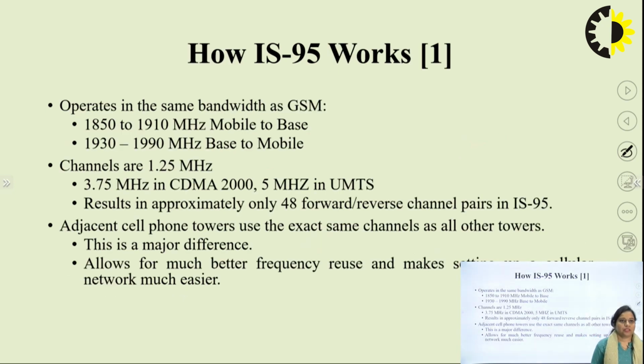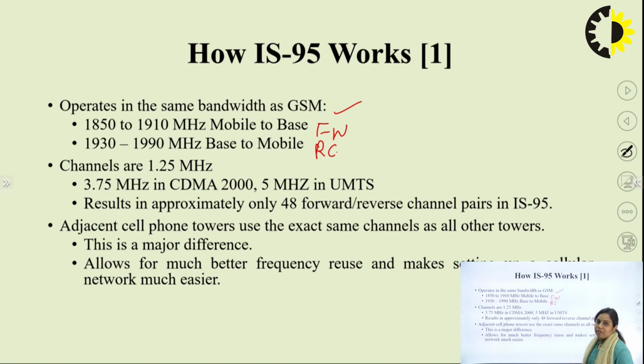Now, the next question arises: how will IS-95 or CDMA work? It operates in the same bandwidth as GSM. Since it is a kind of full duplex communication, two frequency ranges are required. First is for the forward channel, another is for the reverse channel.